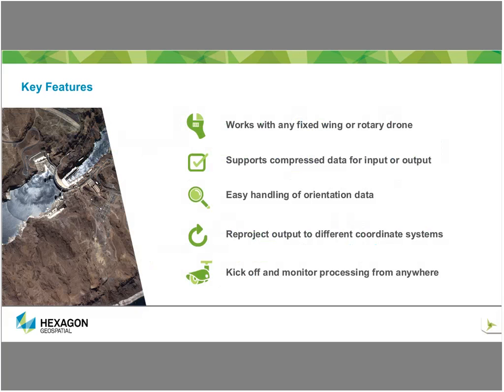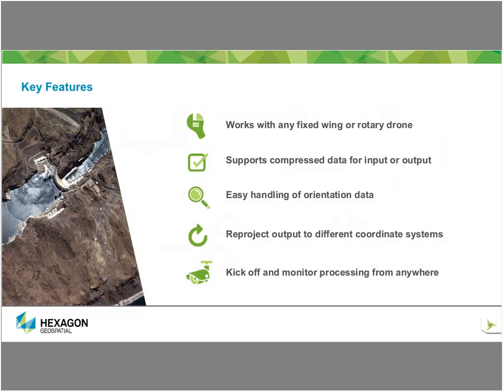A few of the key features, it does work with any fixed wing or rotary drone UAV platform. It allows, along with that, easily handling of orientation data. Most of the UAV providers or sensor providers have their own format of orientation data.